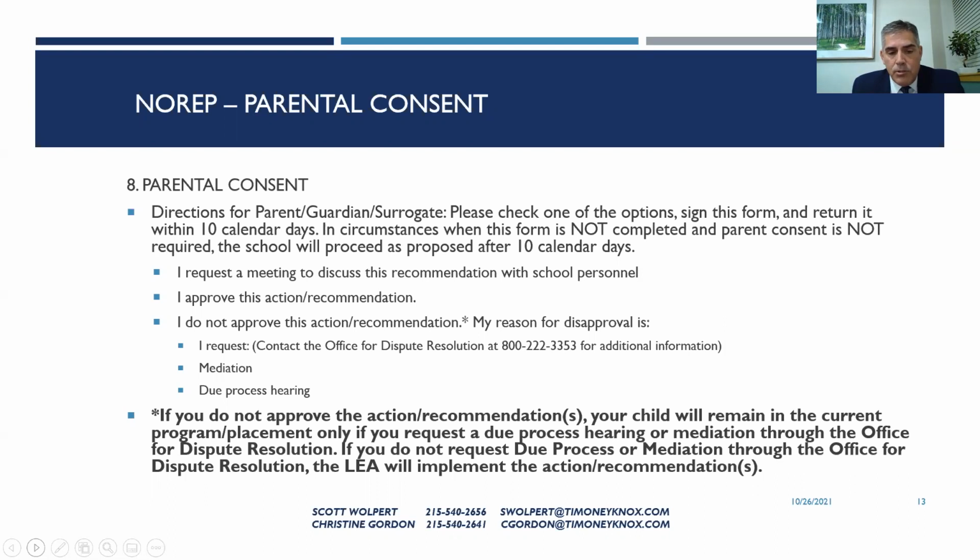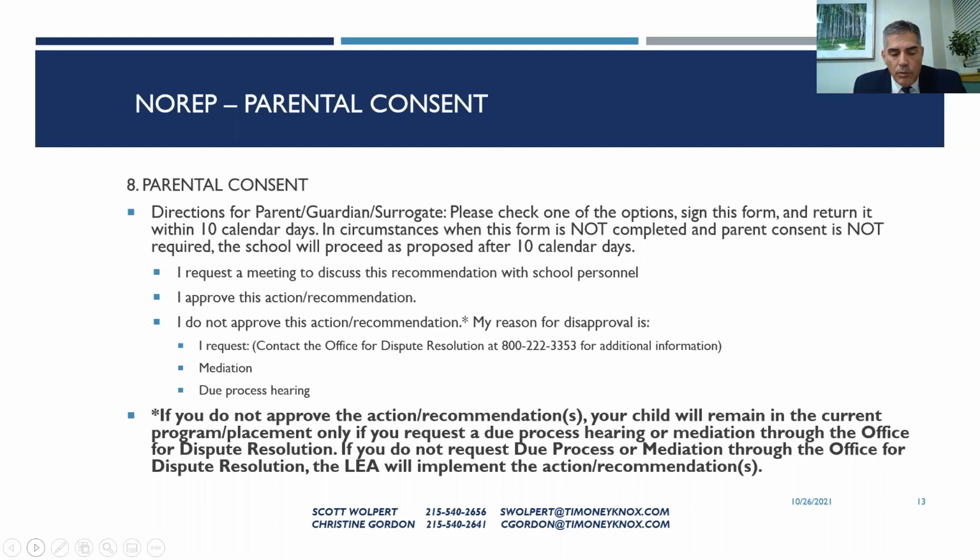If they send you that IEP and the NORUP and you don't get back to them within 10 days, the school should implement that IEP, presuming it's not a change of placement. And you can certainly say, school, I don't agree with that later. You can certainly say, school, that's not an offer of an appropriate education, but they will implement.